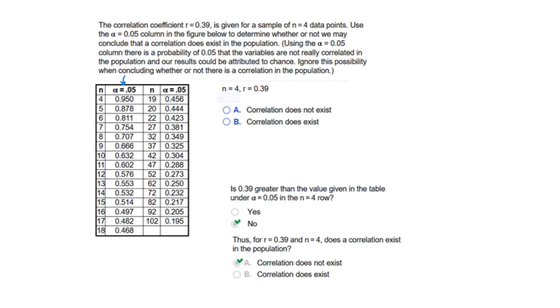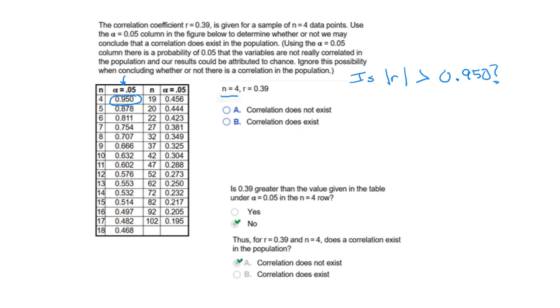All right, so remember what we're looking for is the absolute value of R greater than, and let's go find our value from the table. So we know N is 4, so we're looking under the alpha is 0.05. We want to know if the absolute value of R is greater than 0.950. Again, I got that from the table using N as 4.